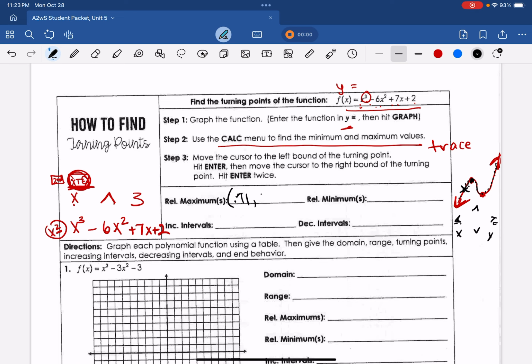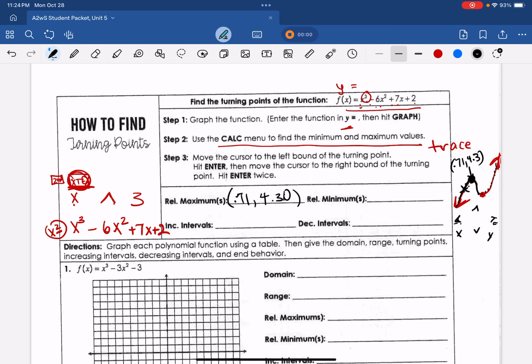And then the y-coordinate of that relative maximum should be somewhere around 4.30, okay? So that is the relative maximum, meaning that it is the top, as we're coming in from the left, increasing, we hit this turning point, we start to turn and go down. So this is the relative maximum. So that's going to be 0.71, 4.3.